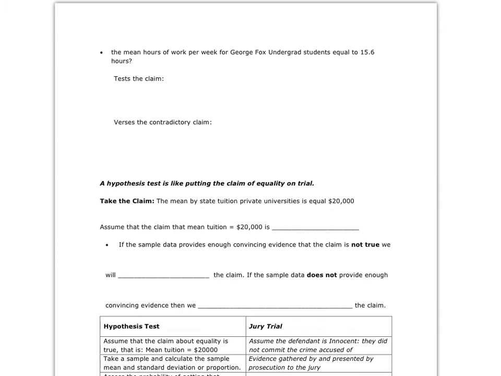Okay, this question asks: is the mean hours of work per week for George Fox undergrad students equal to 15.6 hours? So that is going to test the claim in words: mean hours of work equals 15.6.